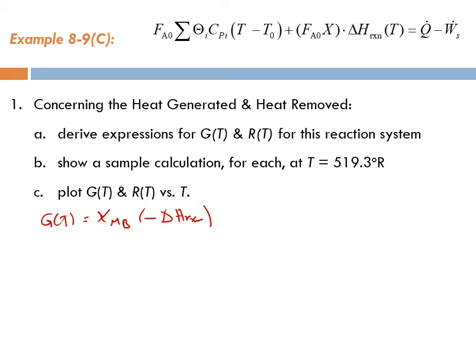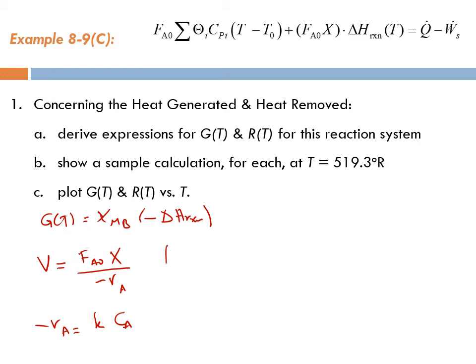And for the material balance, of course, we write the design equation. That was V times FA naught times X divided by minus RA. And of course, we write the rate law, which was minus RA equals K times CA. It was first order with respect to A, okay, because B was provided in excess.